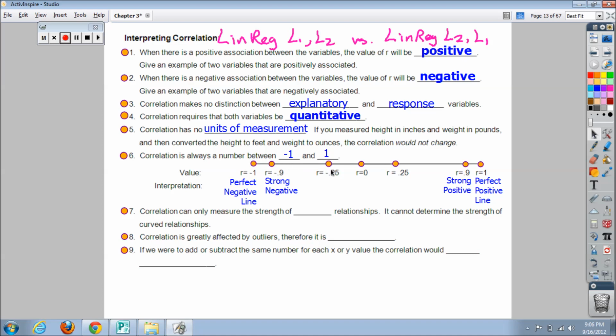But anywhere in between, it's really a guessing game as to what adjectives you want to use. I've seen somewhat, really somewhat, fairly, pretty strong, moderately strong, just saying strong.